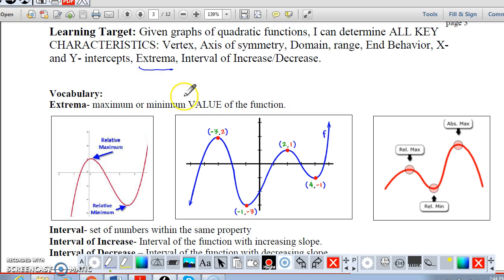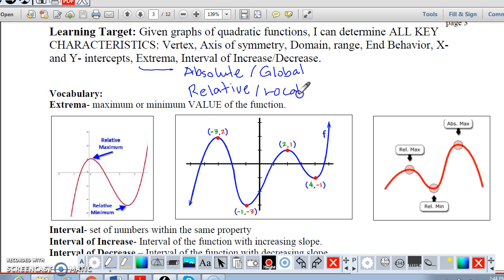As the word suggests, extrema basically means extreme. There are two types of extrema, either absolute or relative. Another word for absolute is global, and another word for relative is local.